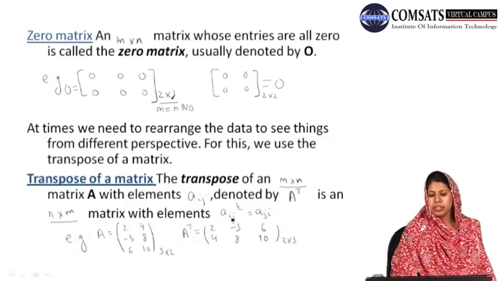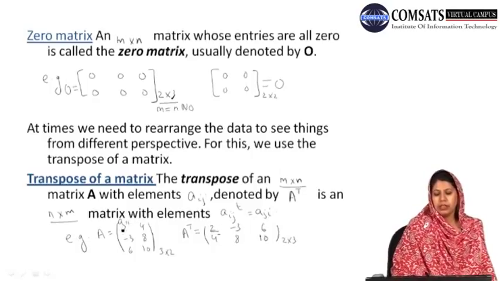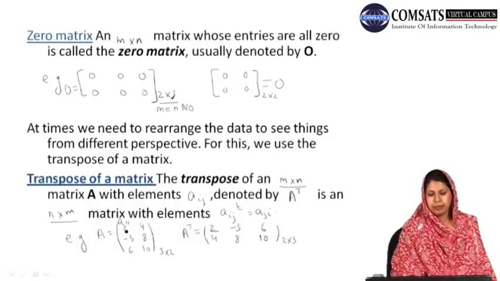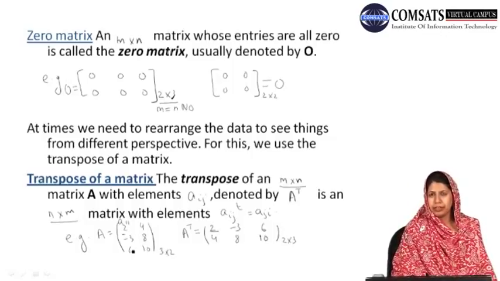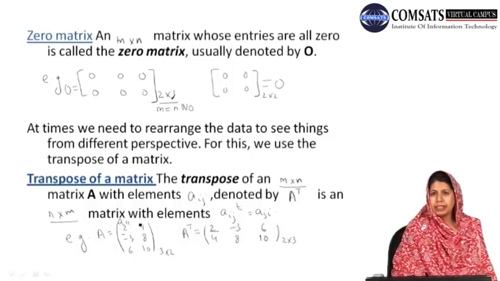And what do we mean by this notation? (Aij) transpose is Aji. For example, the first entry A11: i is 1, j is 1, so this entry will stay as it is. By taking the transpose of the matrix, the diagonal elements will not change their position.